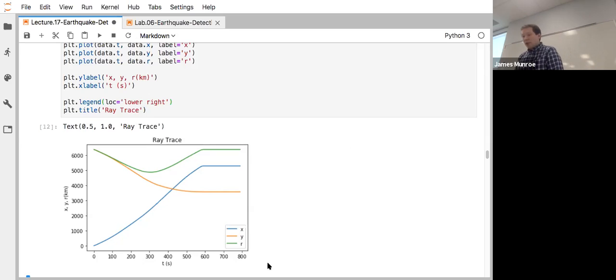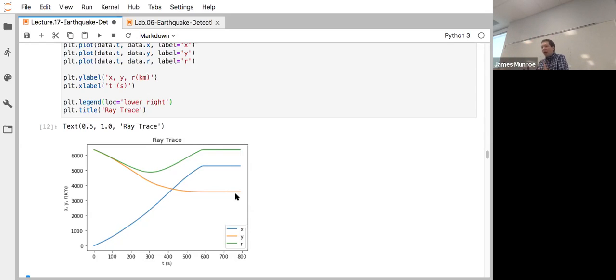Notice that after about 600 seconds, these numbers all become constants. The radius becomes the surface of the Earth, the x becomes the surface of the Earth, the y becomes whatever it happens to be. That's the energy popping out and hitting the end of the Earth.